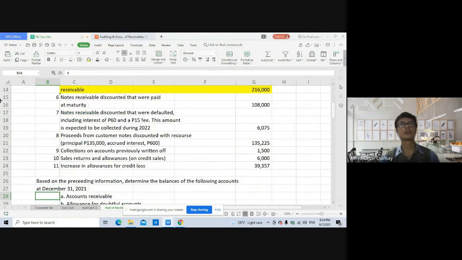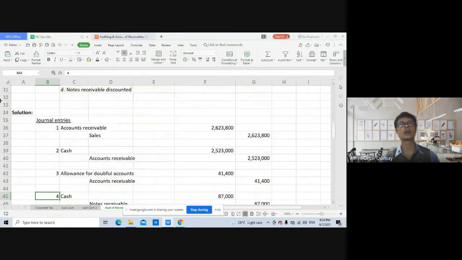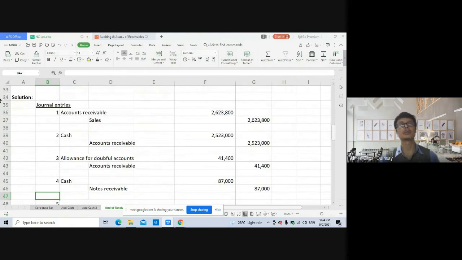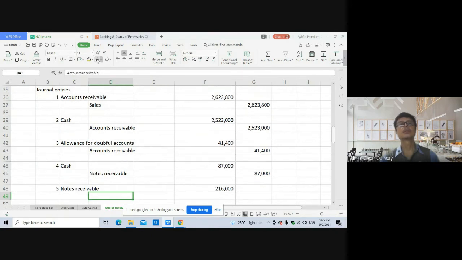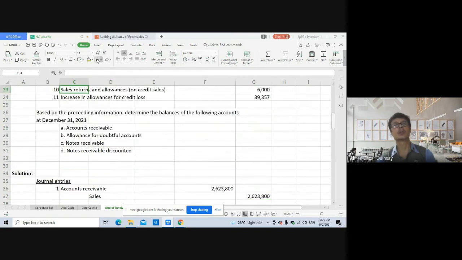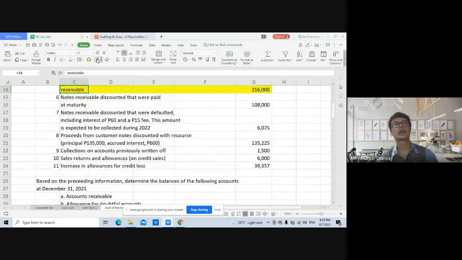Kumbaga parang in payment of the accounts receivable, no? So parang inilagay lang natin siya doon sa notes receivable. So debit notes receivable for 216,000. Pero wala pa talagang bayad na natanggap, no? Ni-reclassify lang into notes receivable and credit 216,000 accounts receivable. And then number 6, yan.